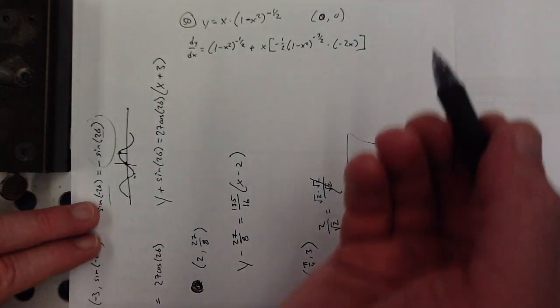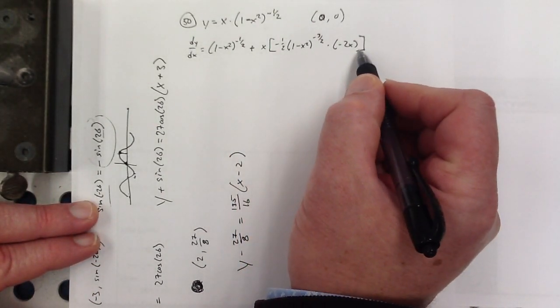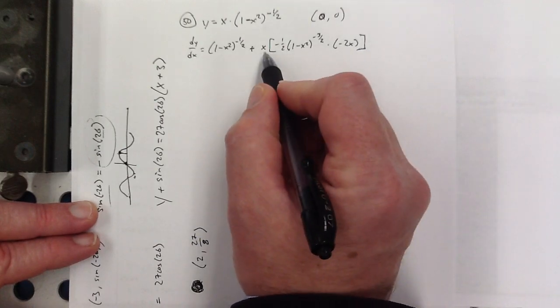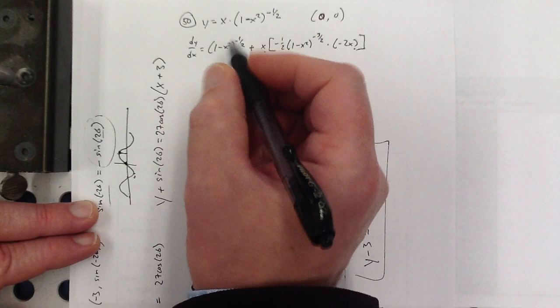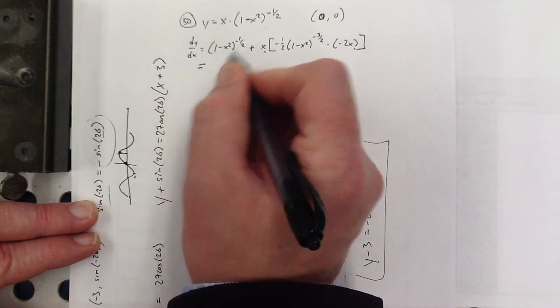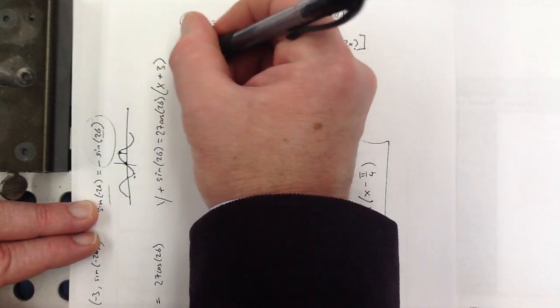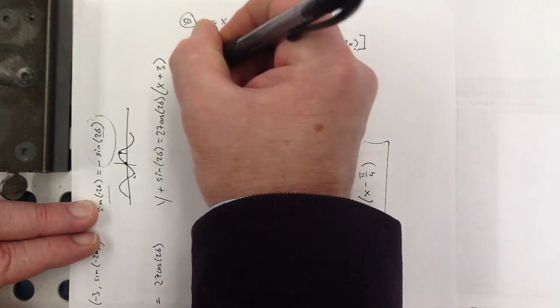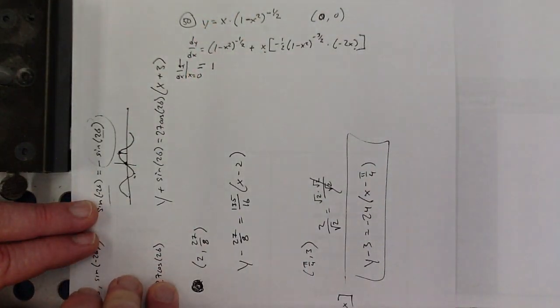All right, so notice that when I plug in 0, this whole thing gets knocked out, right? So as messy as that is, just because of that first x, this gets knocked out again here. But this does not. This dy dx at x equals 0 is 1.